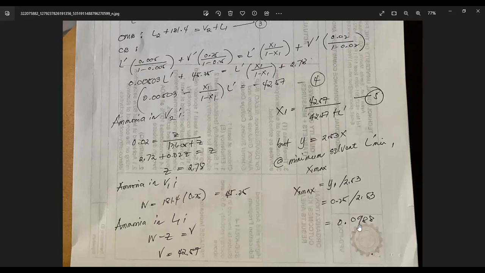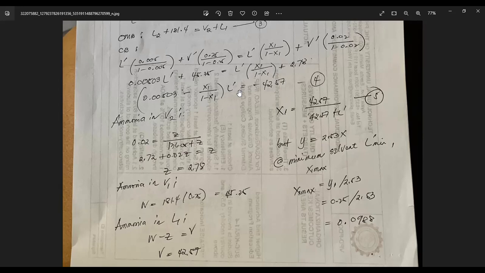So that's 0.0988. Now, where are you going to use this one? You're going to go back here and substitute 0.0988 to X1 maximum. In that case, you're determining the L prime minimum, because the X1 that you substituted here in equation 4 is X1 maximum. So you substitute it here to get the L prime minimum.